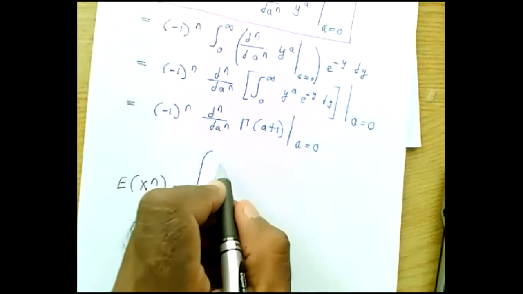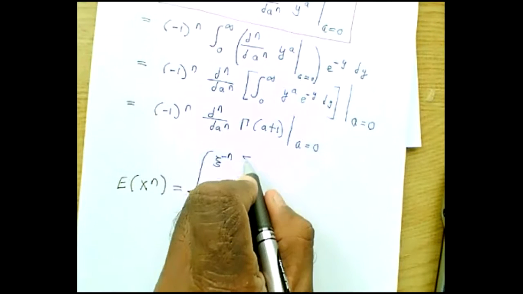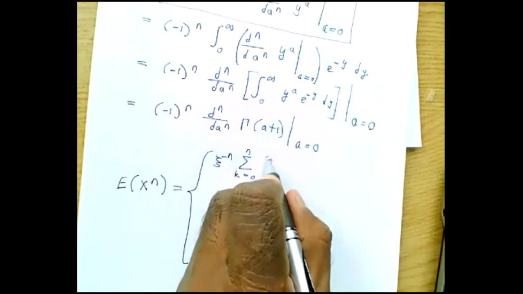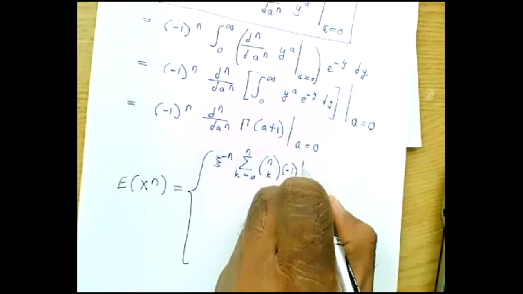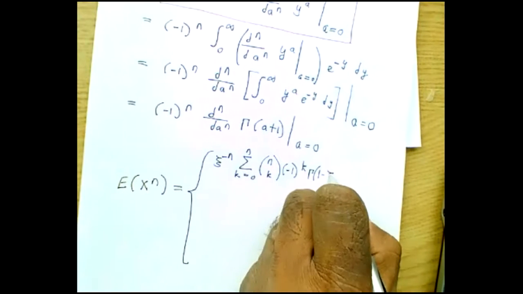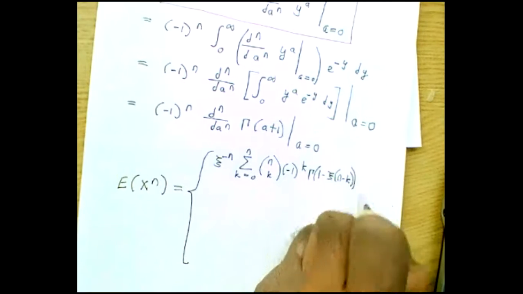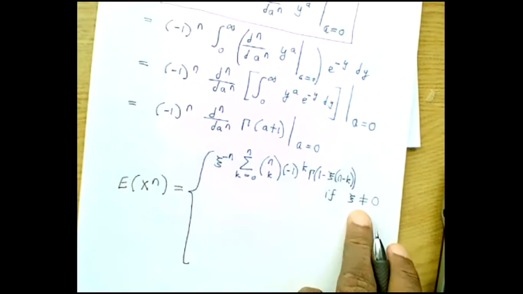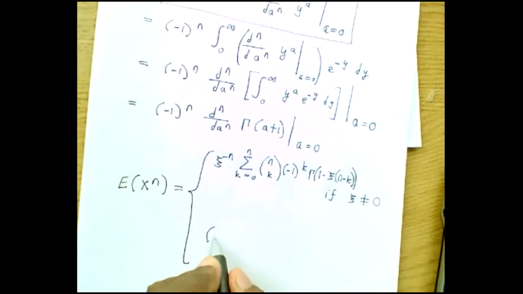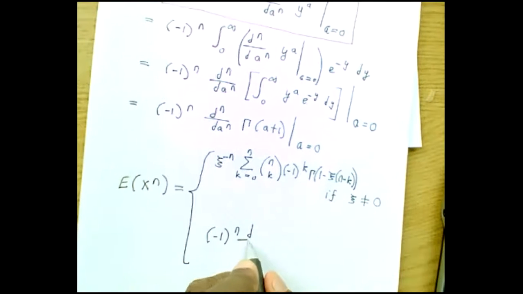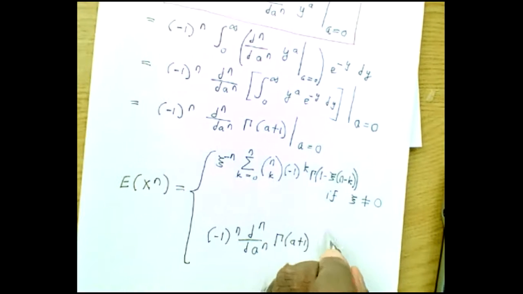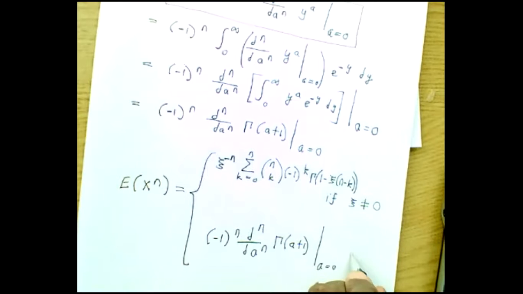It is equal to this if psi is not equal to 0, that is either greater than 0 or less than 0, and is equal to this if psi is equal to 0.